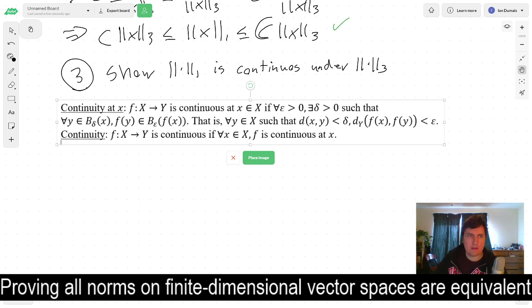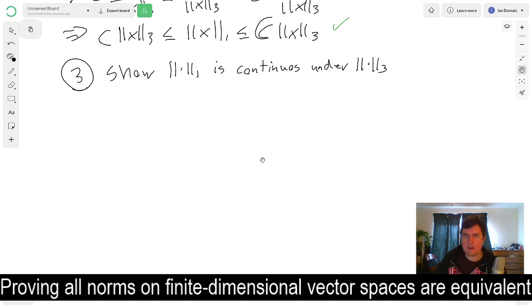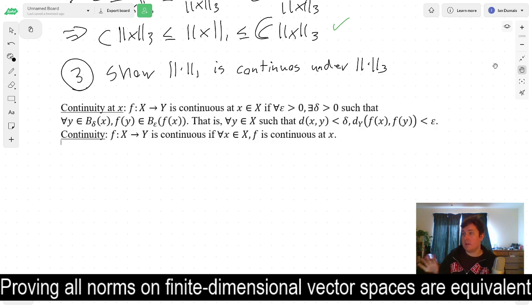All right, so let me make sure everything is visible fine. It is. So a function going from x to y is continuous at a point x in our domain if for all epsilon greater than 0.